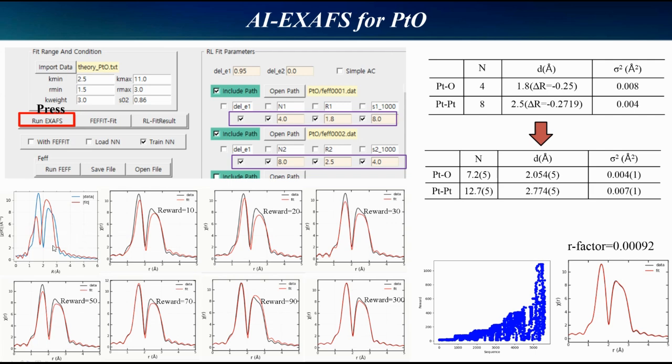Starting here, and then reward 10, reward 20, reward 30, reward 50, reward 70, reward 90, reward 300. During the deep RL fit, the maximum reward for each step is increasing. The result in the tables agrees with the known values.